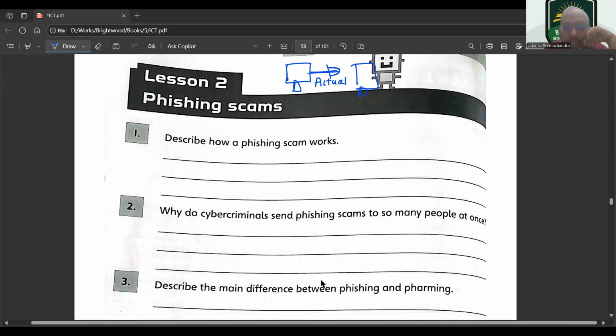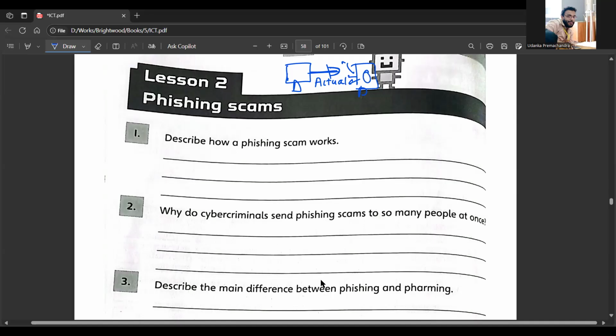After that, he reads that message and gets an idea about it. It looks like an actual message, and he tries to click on it.